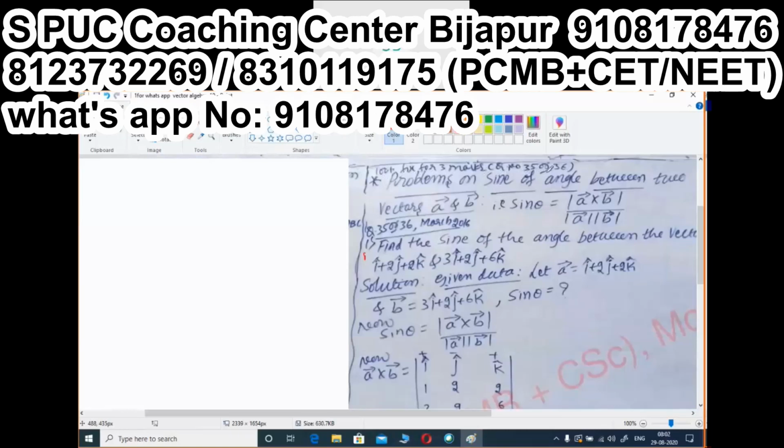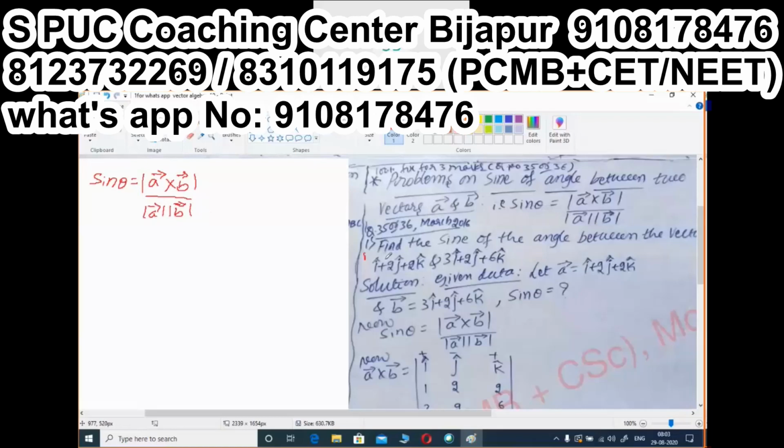So once again, I am going to write the formula for the sine of the angle between two vectors: modulus of A vector cross B vector divided by modulus of A vector into modulus of B vector. By making use of this, we shall solve two problems.